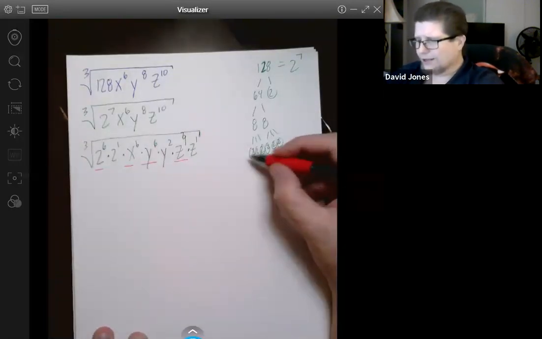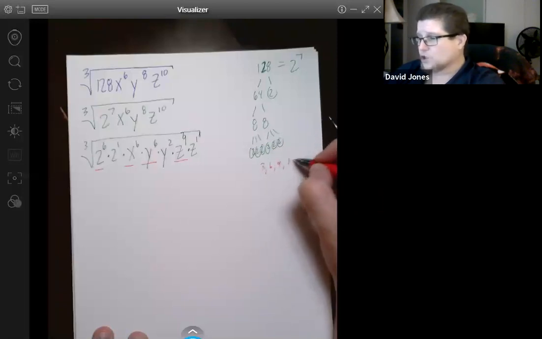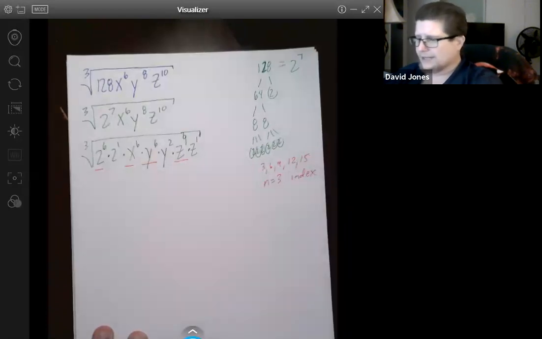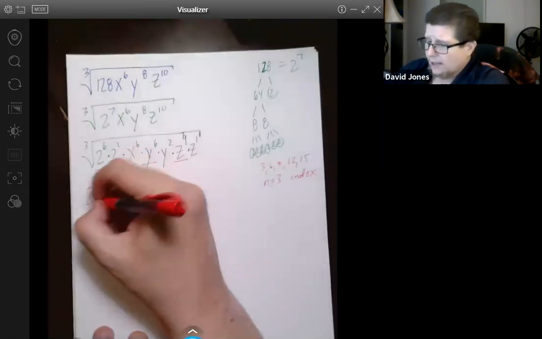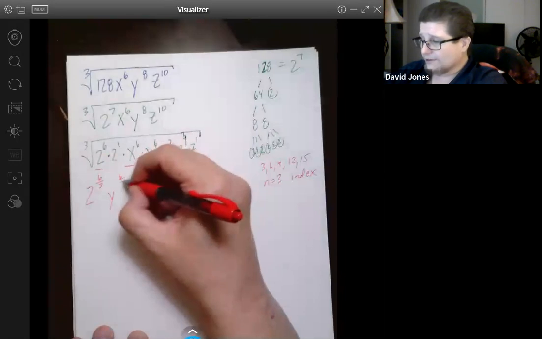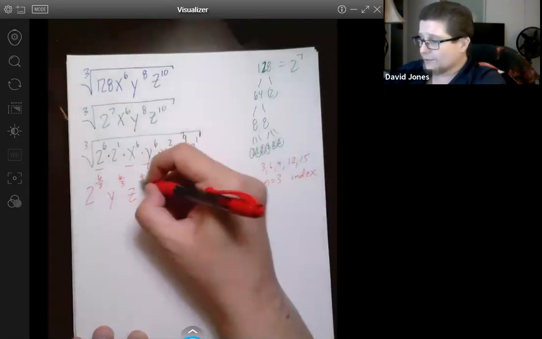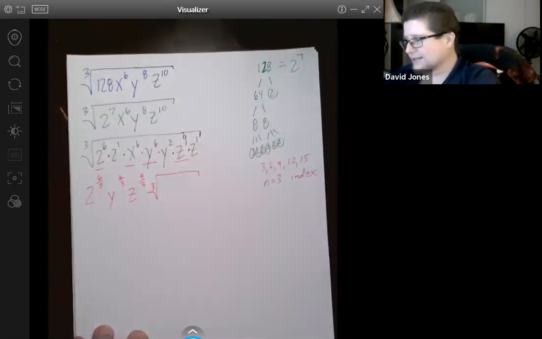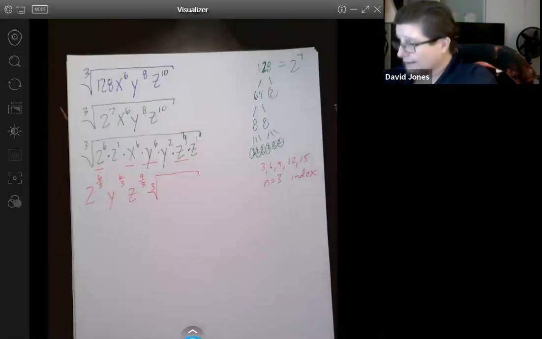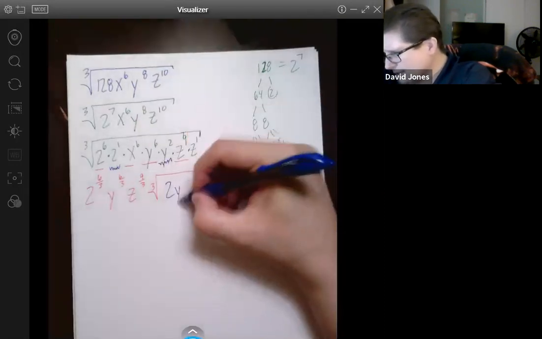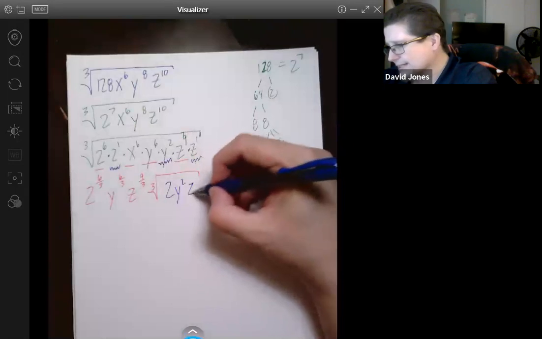So you're looking for 3, 6, 9, 12, 15 when n equals 3, the index. That's where I chose 6s and 9s. So if I pull them out, I can write that as 2 to the 6 over 3, x to the 6 over 3, y to the 6 over 3, z to the 9 over 3. What's left over is the cube root, and I'm going to make sure that 3 looks like it's on a ledge. I've got a 2 to the 1st power still inside, a y squared still inside, and a z to the 1st power still inside.